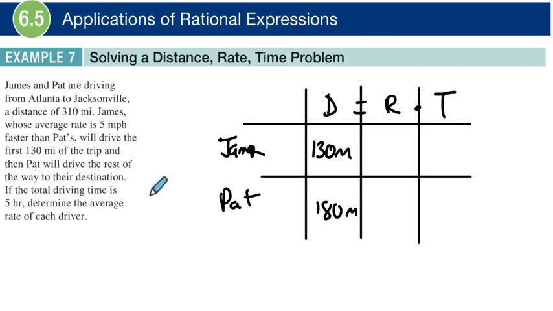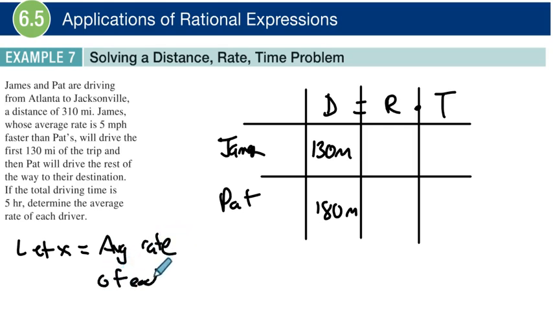Okay. So now let's let x, oops. Let's see, let x equal, I guess it's basically the average of each driver, the average speed, average rate of each driver.